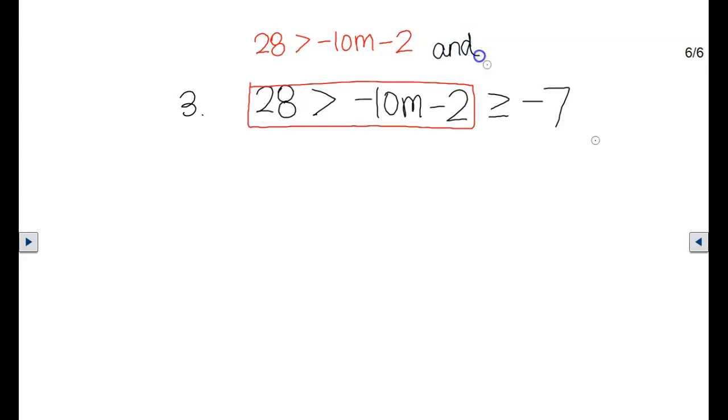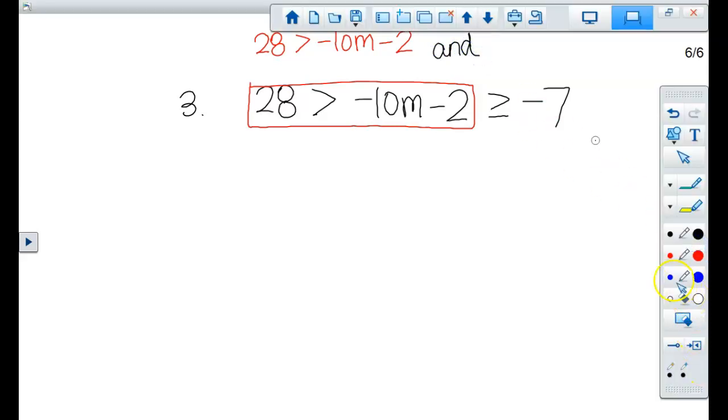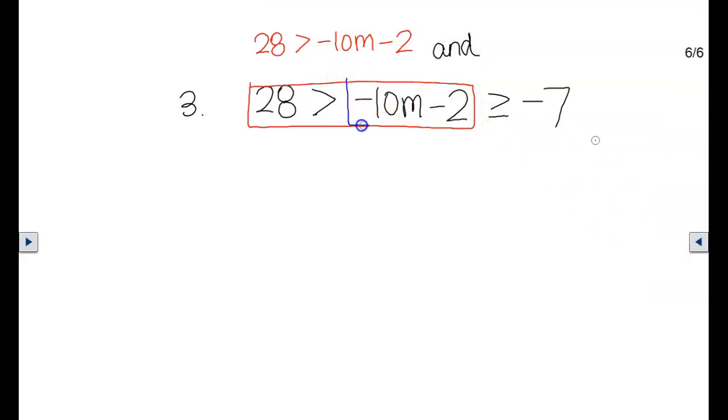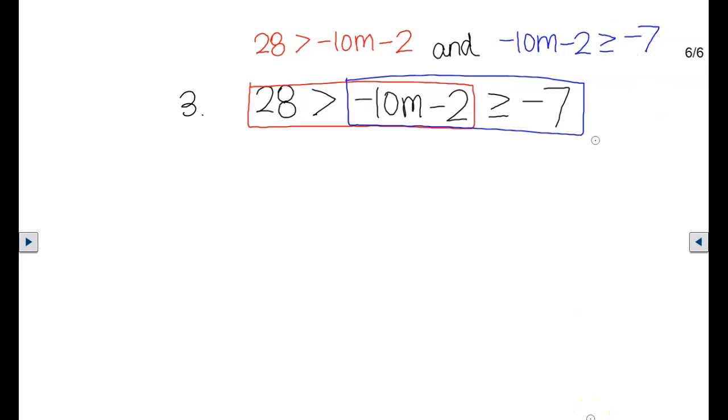And here would be my second problem: negative 10m minus 2 is greater than or equal to negative 7. So when you get one like this that's already written in the condensed form, you can recognize that that is an and statement and split it into its two separate problems. And then solve that and finish it up.